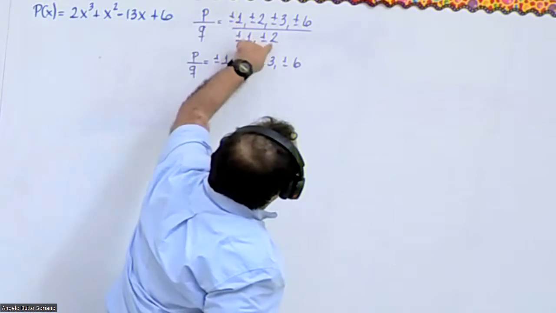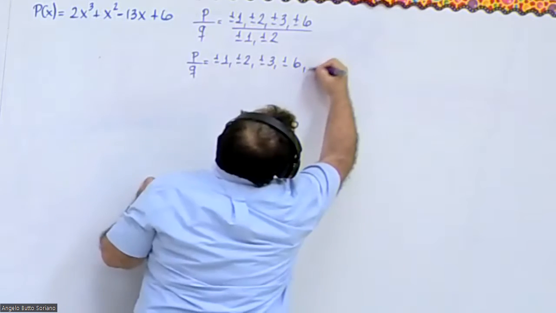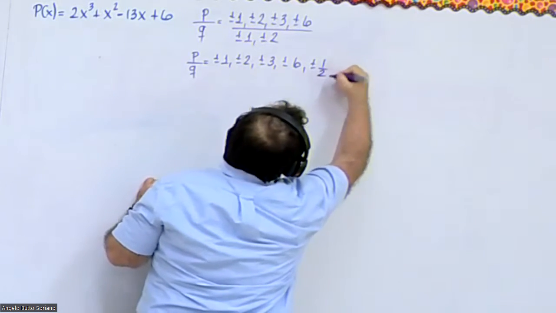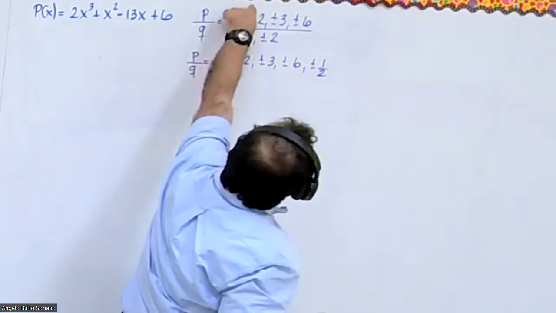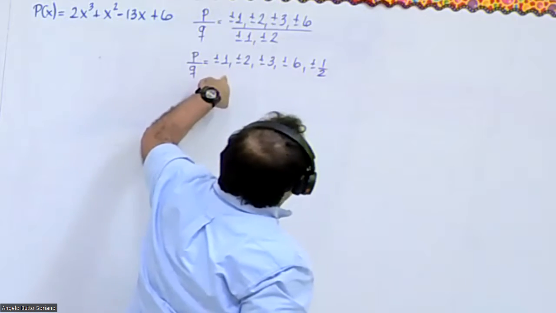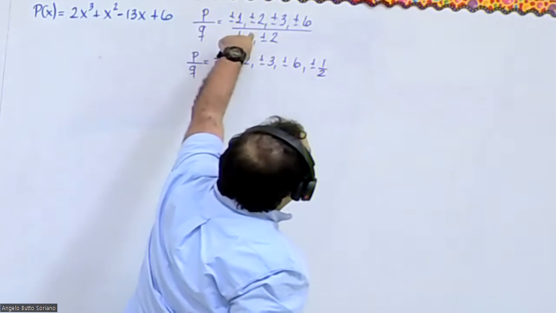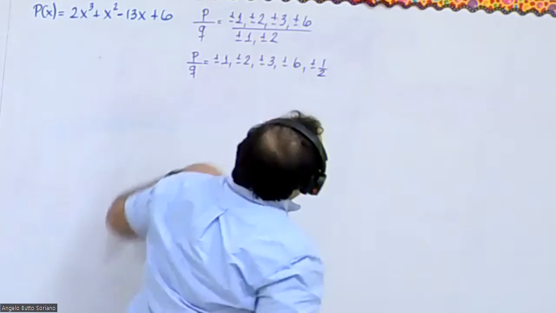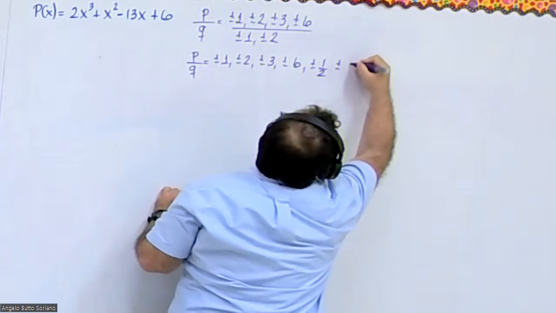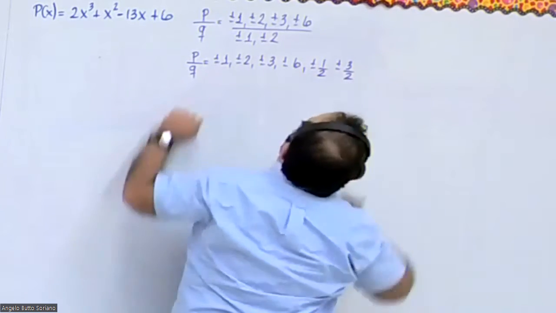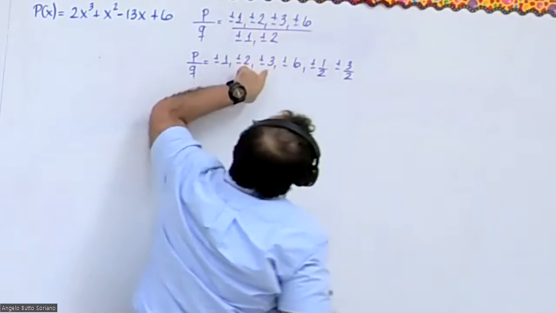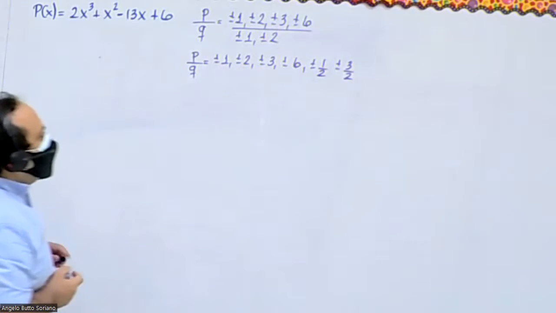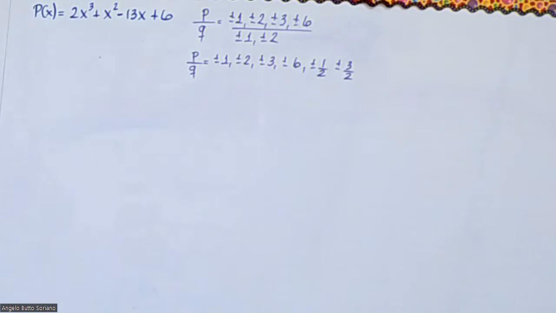For example, 1 divided by 2 will be 1/2. 2 divided by 2 will be 1, no sense, because we already have it. 3 divided by 2 could be 3/2. And 6 divided by 2 will be 3, no sense, because we already have the number 3.